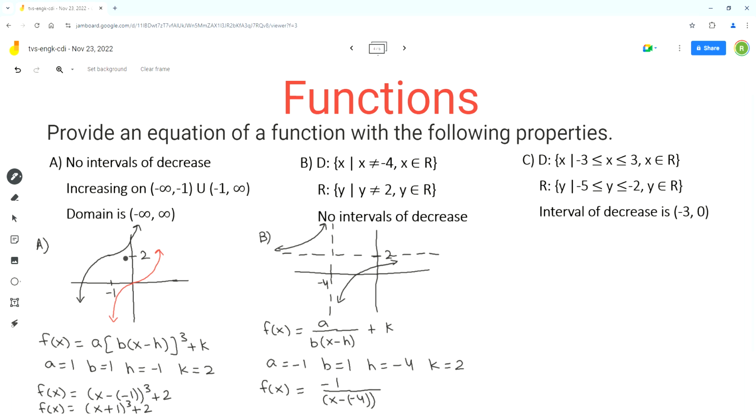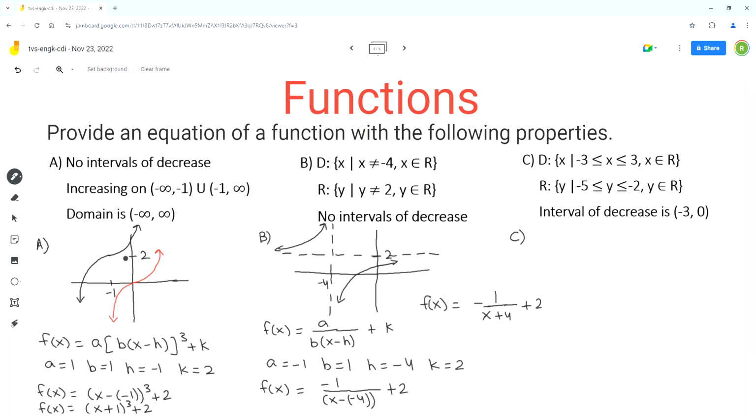We can ignore the b because 1 times the parentheses won't change the parentheses. X minus -4 is equivalent to x plus 4. So this can be the final answer for part B. Now we can answer part C.